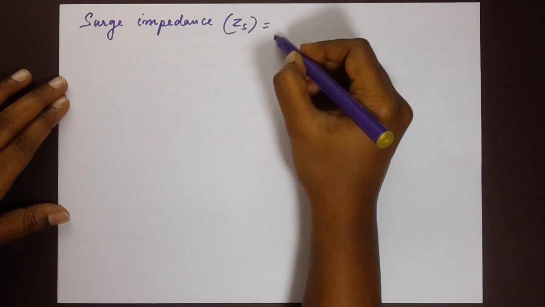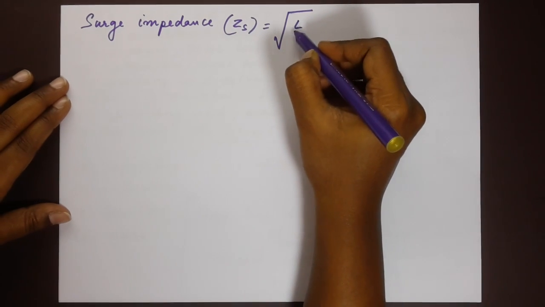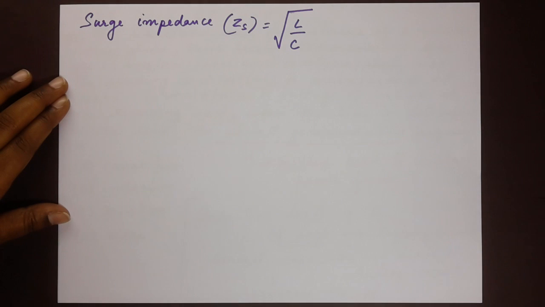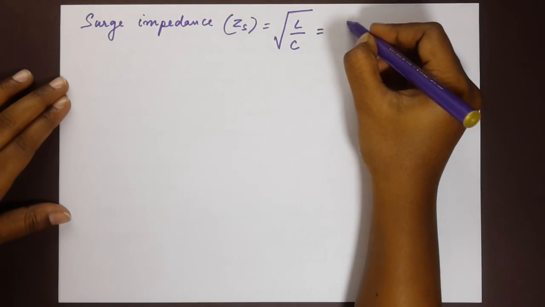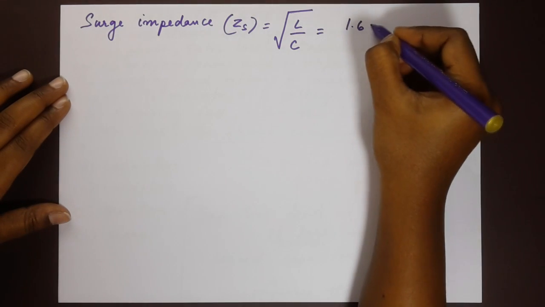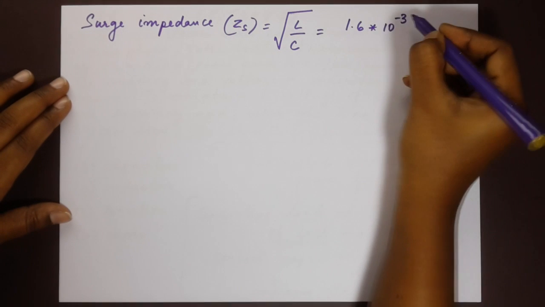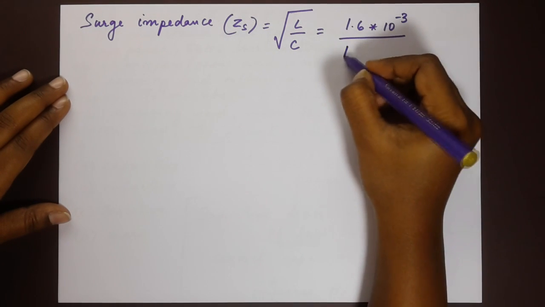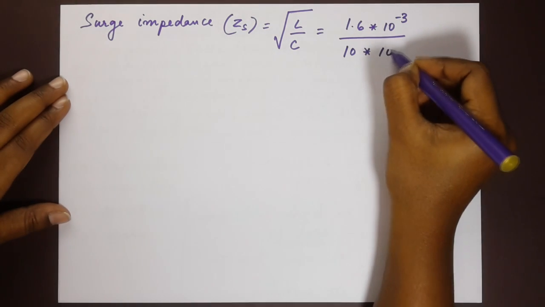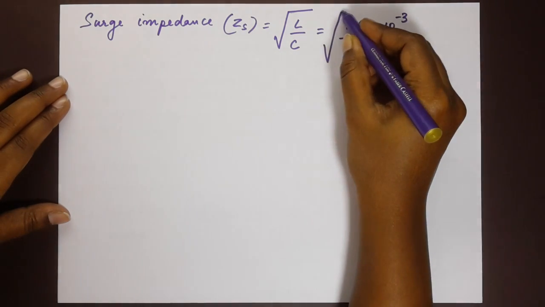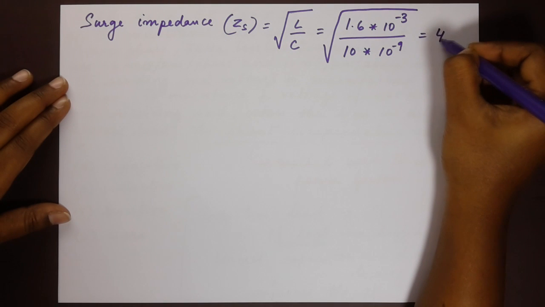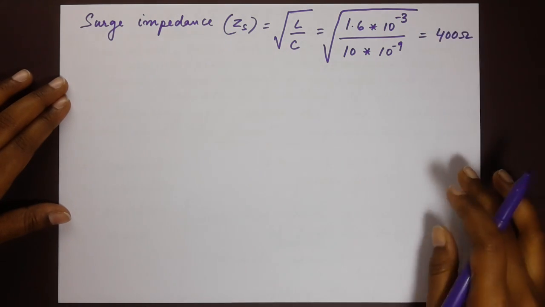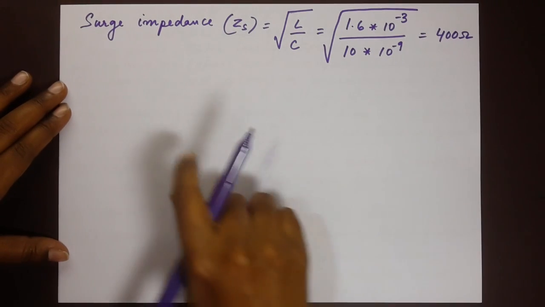ZS, the surge impedance, is given in terms of root L by C. We have already been given the values of L and C, so let's substitute that. L is 1.6 × 10^-3 divided by capacitance 10 × 10^-9, square root of that, and the square root of this comes around to 400 ohms. Okay, so we have the surge impedance.